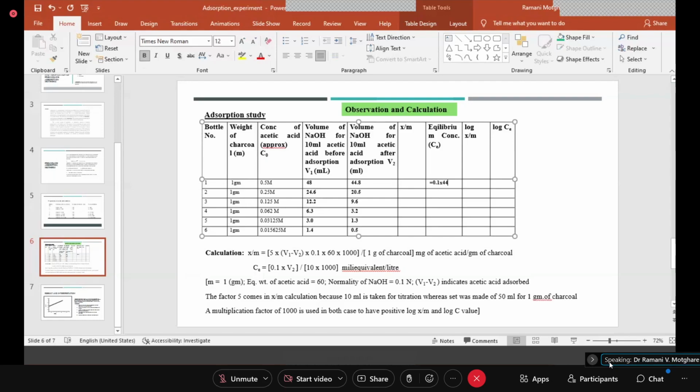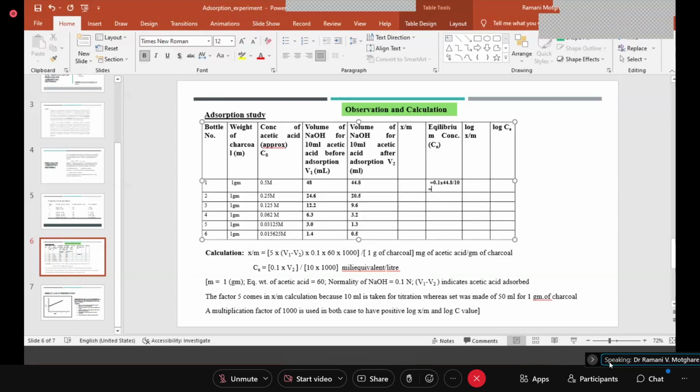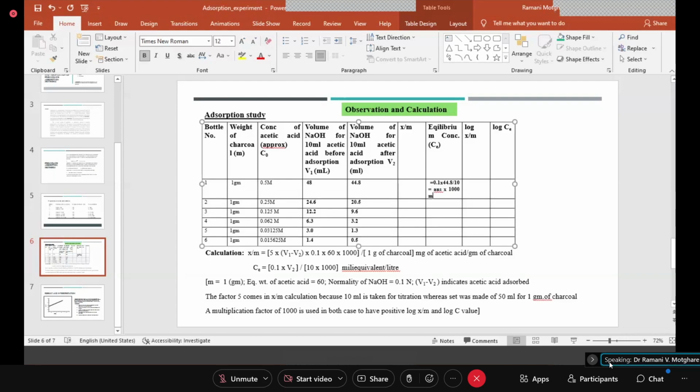That is, after adsorption, whatever is the volume, divided by 10 ml that was taken for titration. Now this will be equal to equivalents per liter. So whatever answer you are getting, answer into 1000 will give you milli equivalents per liter.